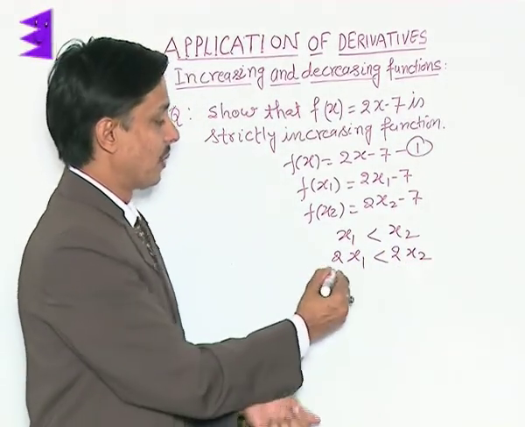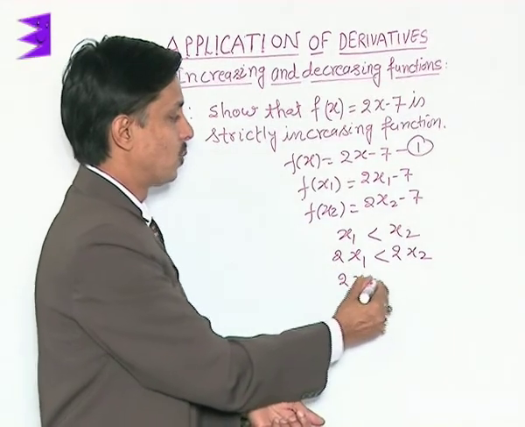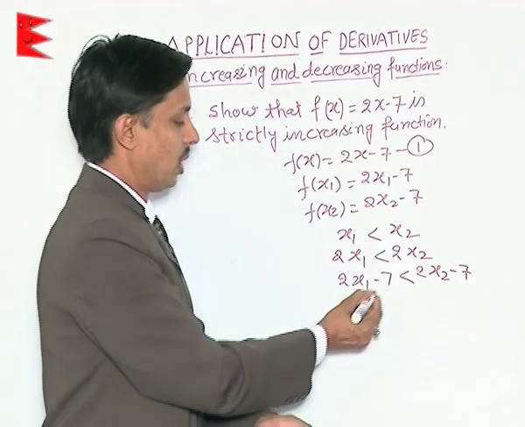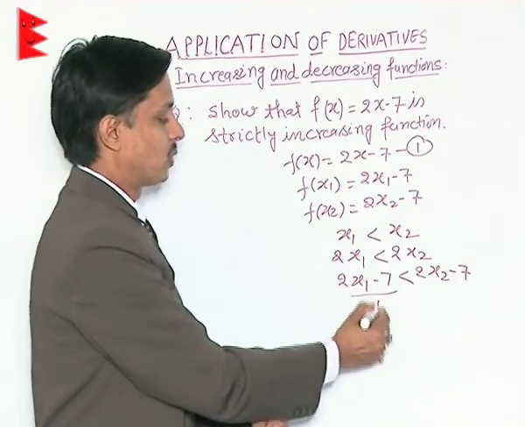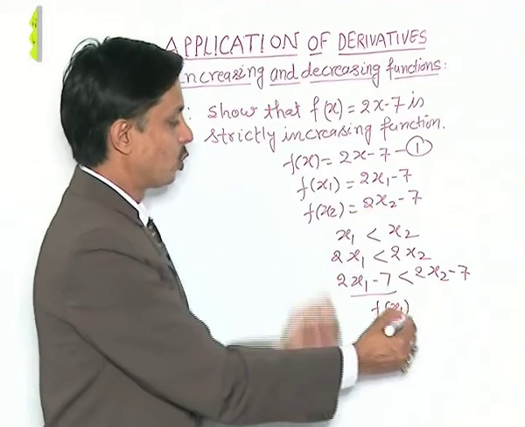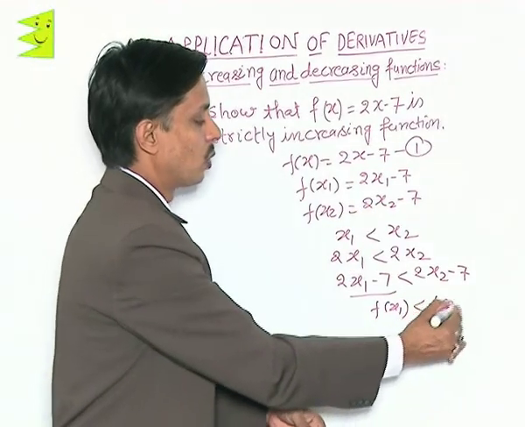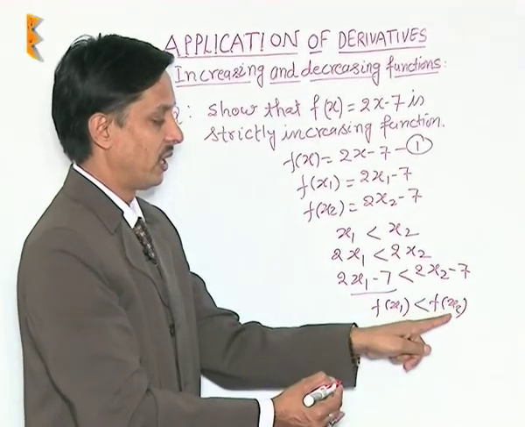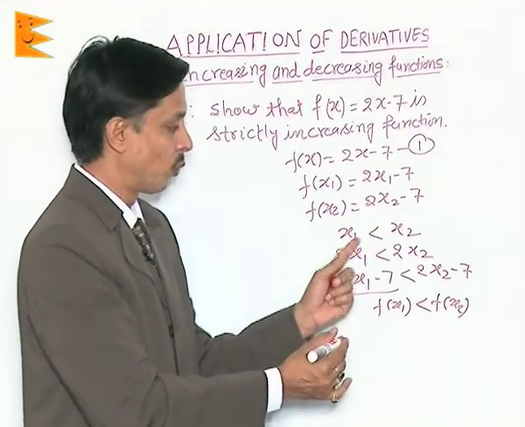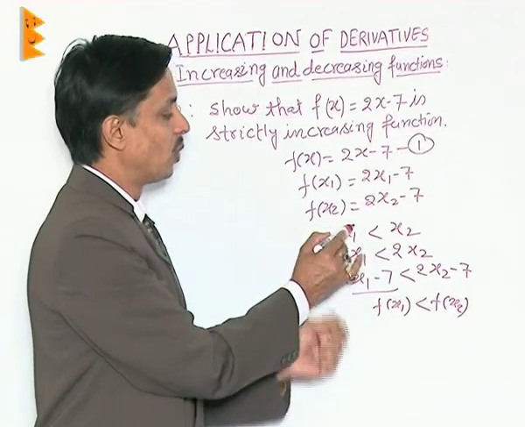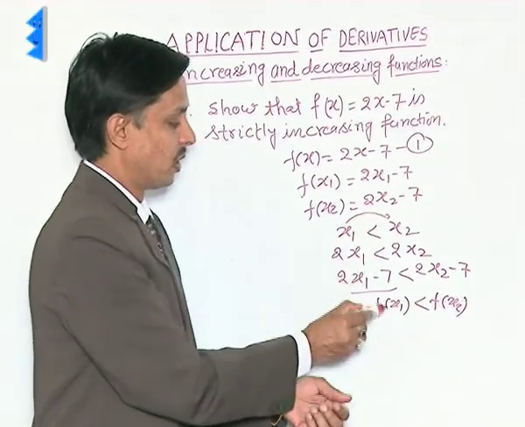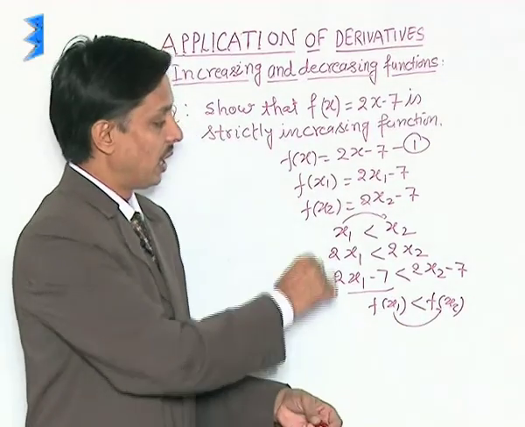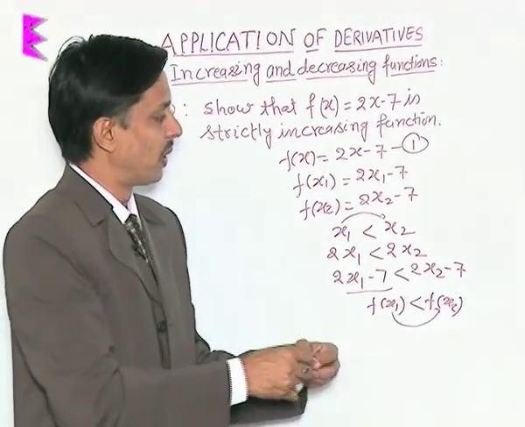If I subtract 7 from both sides, I get 2x1 minus 7 is less than 2x2 minus 7. 2x1 minus 7 is f(x1) and 2x2 minus 7 is f(x2). So clearly x2 is greater than x1 and f(x2) is greater than f(x1). When we increase the value of x from x1 to x2, the value of the function also increases, and it is in general, not in a particular interval.